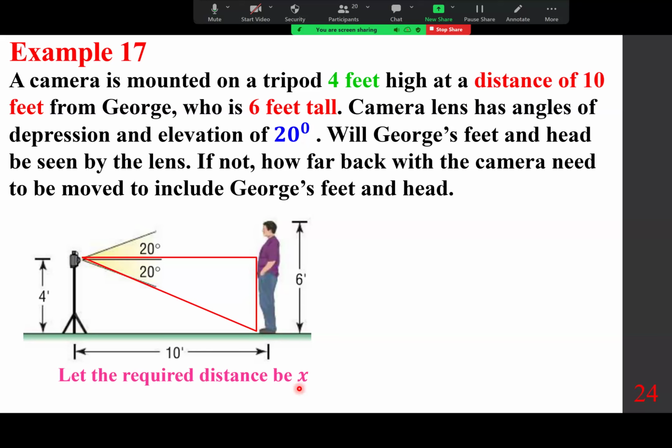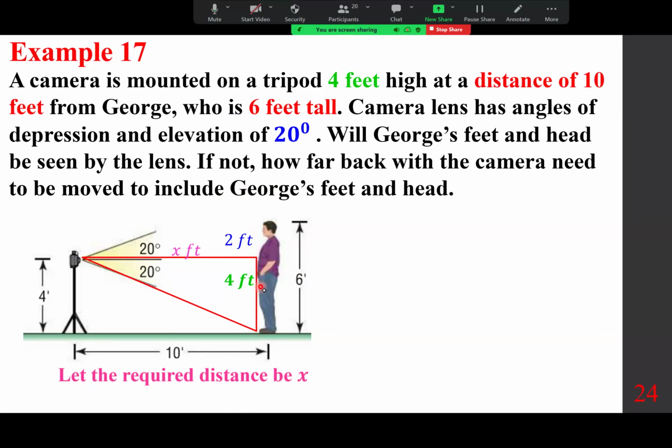This distance we are using X. Because George is 6 feet, then from here up is 2 feet. And if we cover this one, which is 4 feet, for sure it will cover this one because 4 is larger than 2. So this beam goes way over his head if this works.